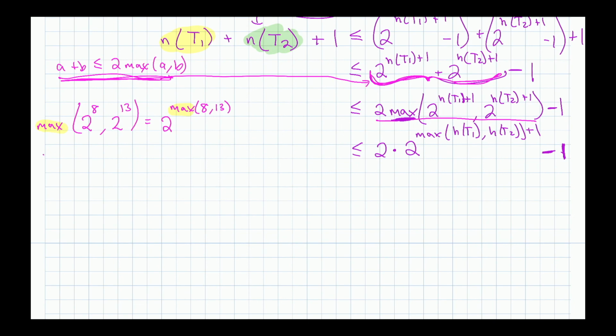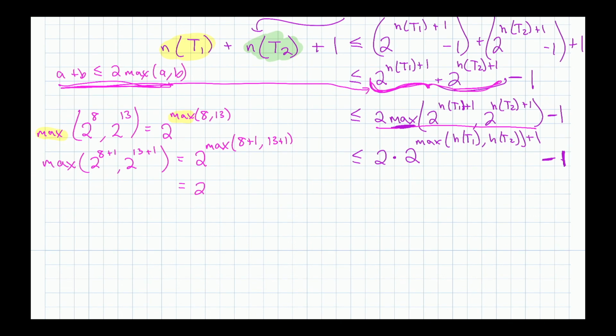Imagine you had this now, maximum, again, let's say 2 to the 8 plus 1, 2 to the 13 plus 1, like that. Well, if I do what I did on the line right above that, that's 2 to the maximum of 8 plus 1 or 13 plus 1, right? According to what I wrote on the previous line. But they both have a plus 1.